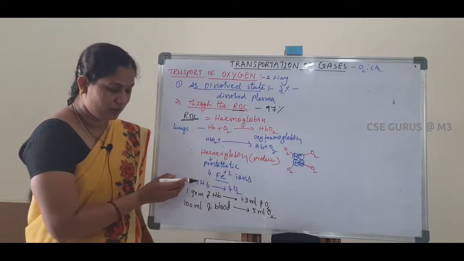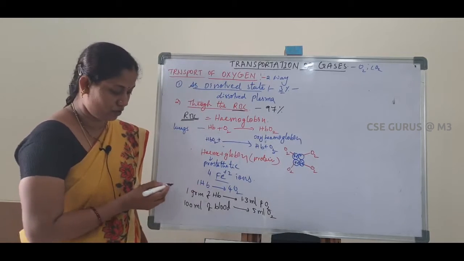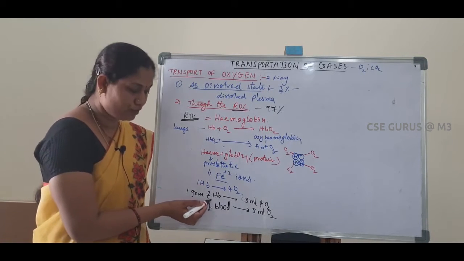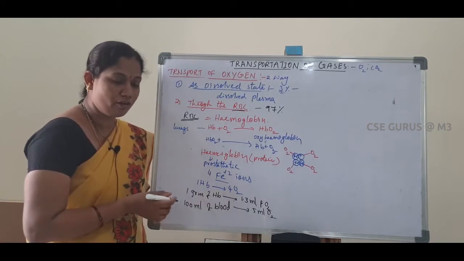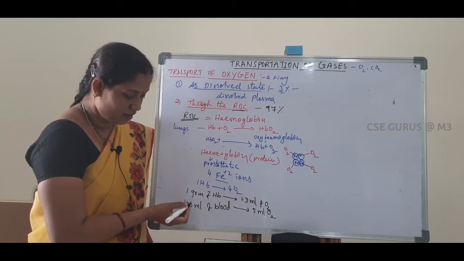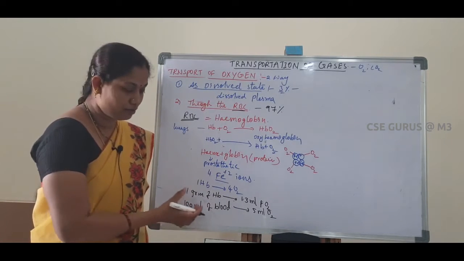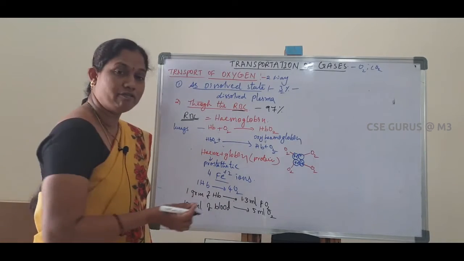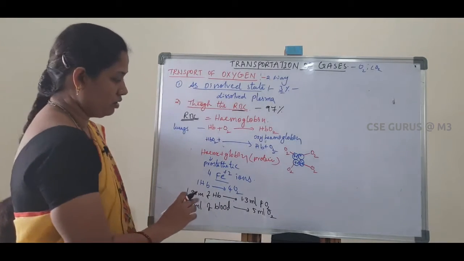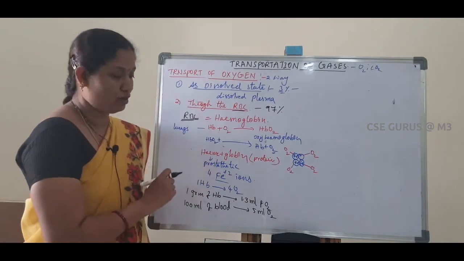So 1 hemoglobin carries 4 oxygen molecules, 1 gram of hemoglobin carries 1.3 ml of oxygen, and a total of 100 ml of blood can carry 5 ml of oxygen. Okay, so this is about the structure of hemoglobin.